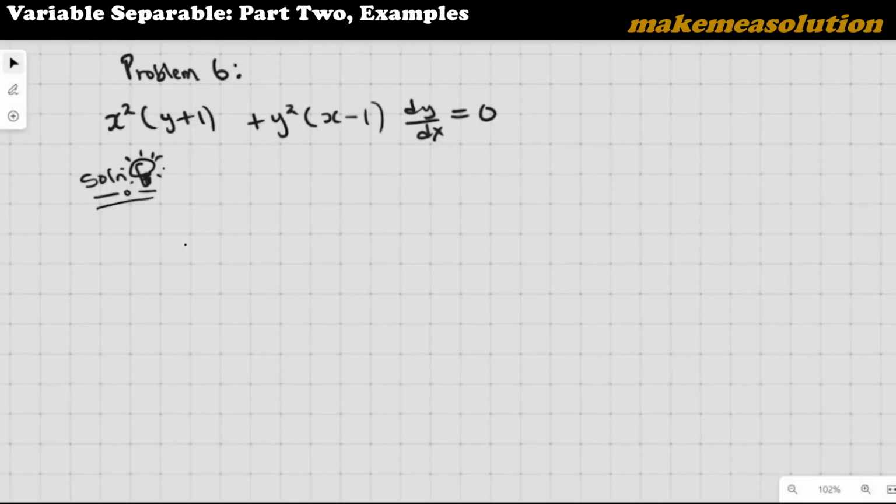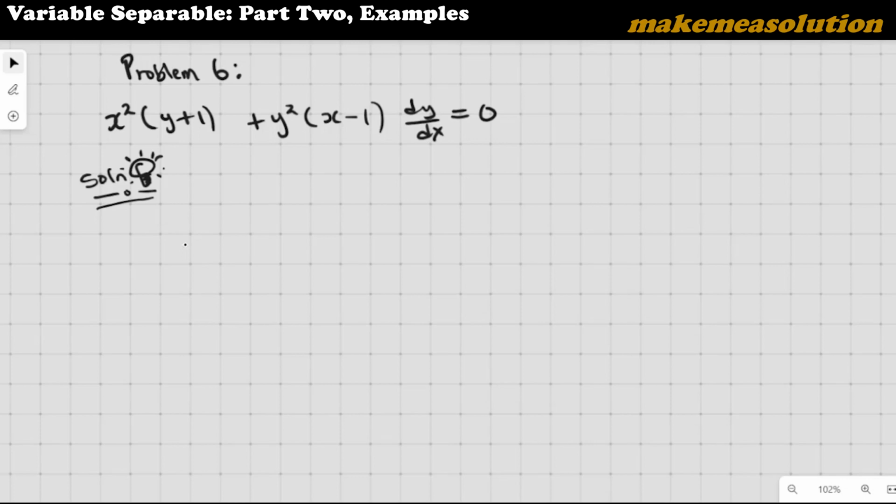Okay guys, welcome to problem 6, the last for variable separable methods. So let's look at what we have here. Of course, you can see that this is just a product of some x function and some y function, then some y function and some x function, and we have our dy dx equal to 0.